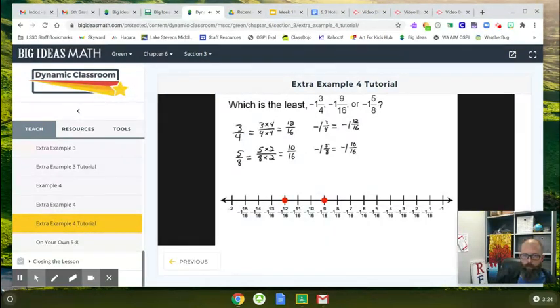On a number line, numbers to the left are less than numbers to the right. Because -1 and 12/16 is to the left of the other two numbers, -1 and 12/16, or -1 and 3/4, is the least.